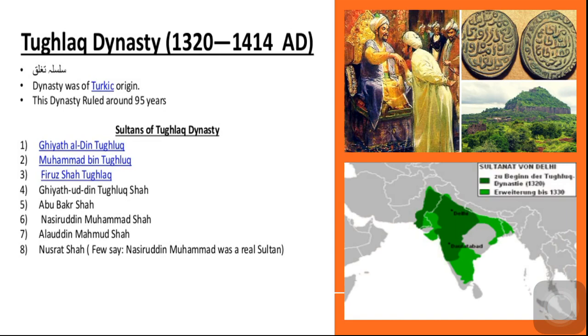Trained as a Qazi or judge, he stayed at the Tughlaq court for 7 years as the chief Qazi. He left an account of Muhammad Tughlaq's reign, and he refers to him as the most humble of men and one who is inclined toward doing what is right and just.